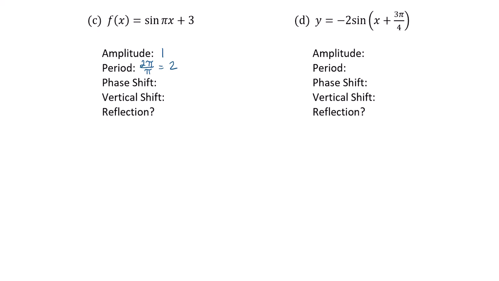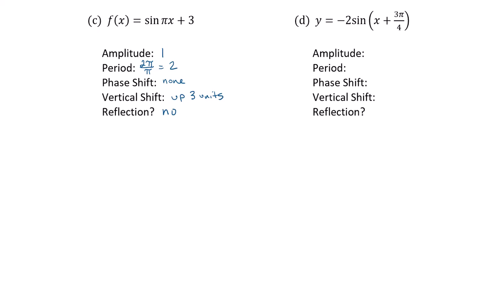The phase shift, we have none. The vertical shift, we're going to be going up 3 units. And there's no negative in front of the sine, so there is no reflection.